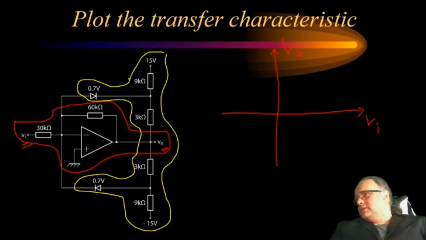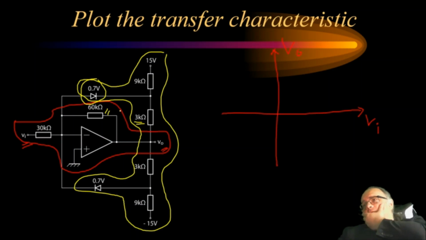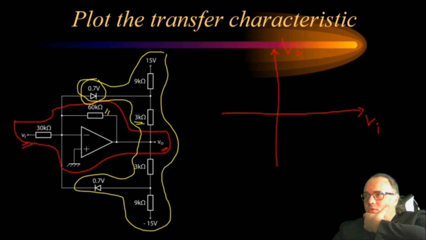So what we see is that if one of these diodes conducts, then this 3 kilo ohm resistor will come in parallel with the feedback resistor of 60 kilo ohm, and this will effectively reduce the gain of the circuit. So this diode usually can be modeled as a switch that is turned on or off when the forward voltage across the diode becomes 0.7 volts, which is given here.